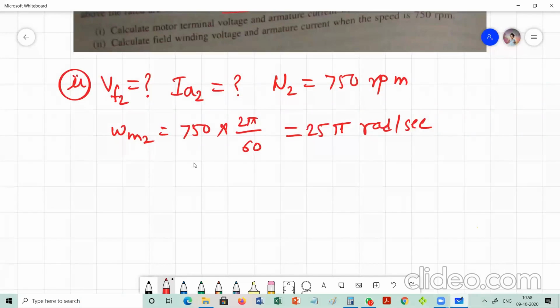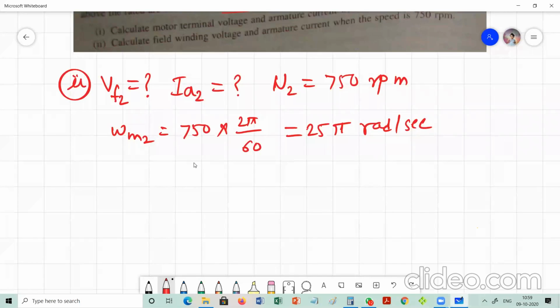Okay, they ask for field winding voltage and armature current. To calculate field winding voltage, sorry, they have also asked for armature current.